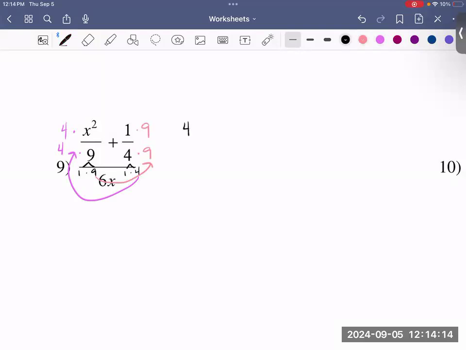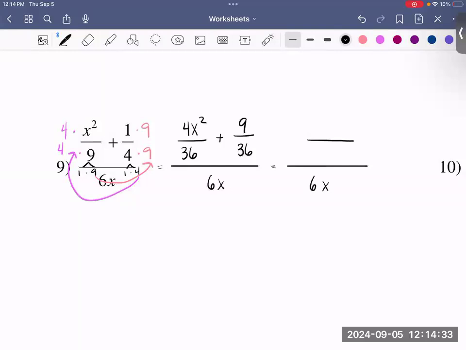So we should get 4x squared all over 36. 4 times 9 is 36. 9 over 36 all over 6x. Again, you could always skip that middle step. It's really just unnecessary. Common denominator of 36, 4x squared plus 9.